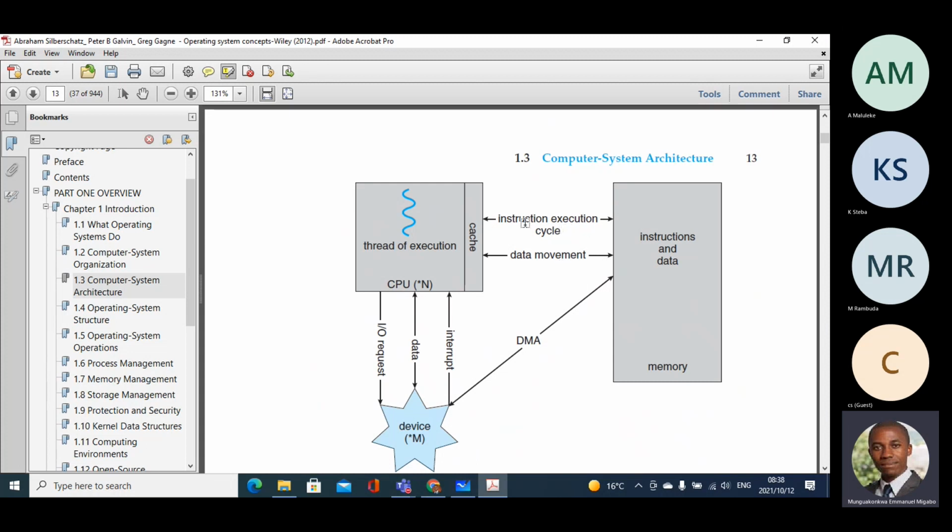Instruction execution cycles are handled by control signaling. Data movement is handled through buses. In this case, the two buses involved are the data bus and the address bus. The address bus says where we are reading from or writing to, and the data bus carries the actual data we are writing to that memory location, or the actual data we are reading from that memory location.